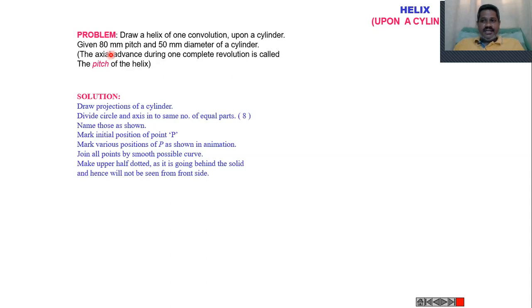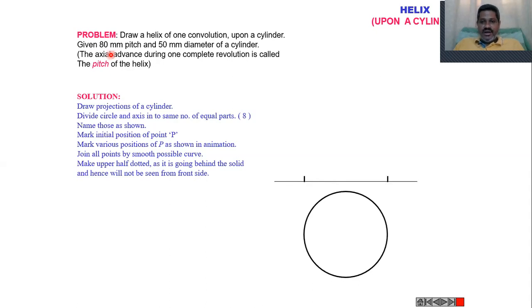Now the path traced by a point on the circumference of the cylinder with these dimensions is called a helix. First draw the projections of the cylinder with 80 mm height, because the point is going to move 80 mm distance along the axis of the cylinder.